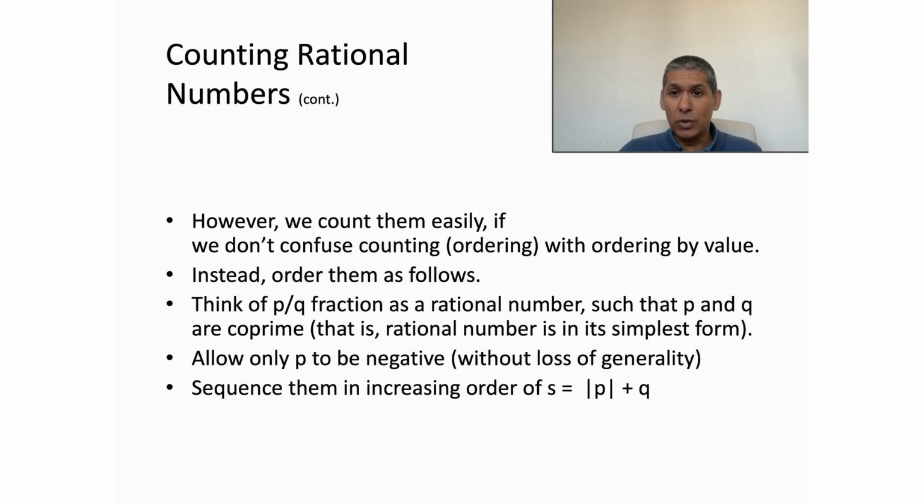Now we allow only p to be negative; q being negative doesn't make sense. If only q is negative, then we can make p negative, and if both are negative, that's effectively the same as both being positive. So we assume that only p is negative without any loss of generality, and we sequence them in increasing order of S equal to the absolute value of p, plus q.